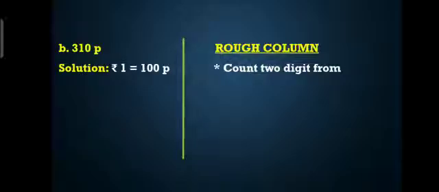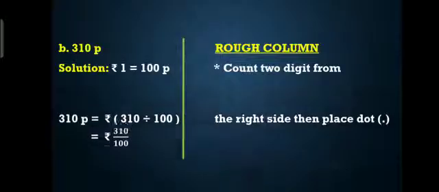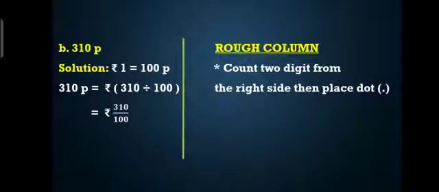So, we will simply divide 310 by 100. So we will get the answer in rupees form, or you can count 2 digits from the right, then place the dot. After that you will get the answer in rupees and paise form. So here we get the answer 3 rupees 10 paise.